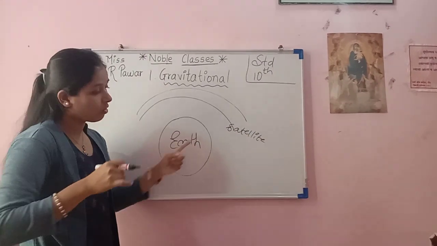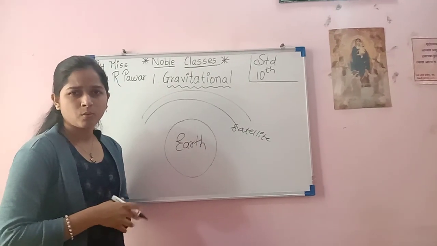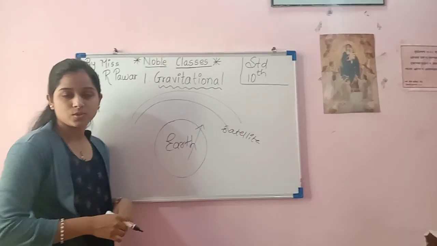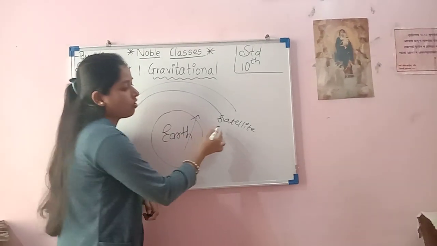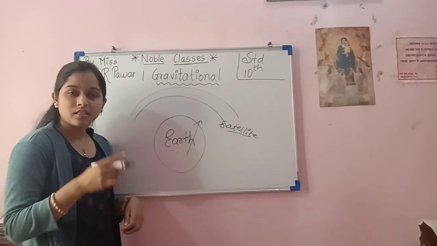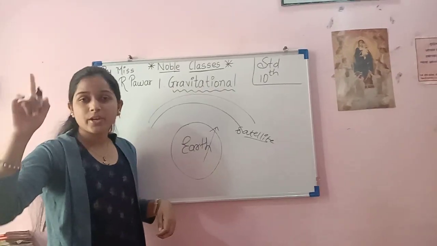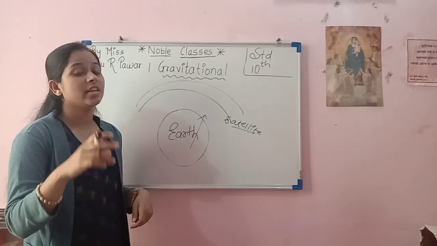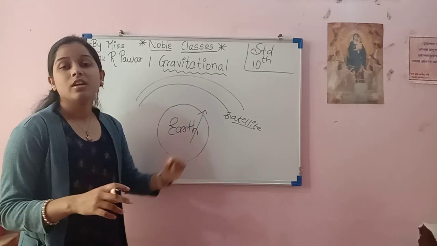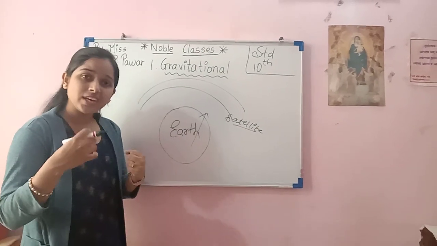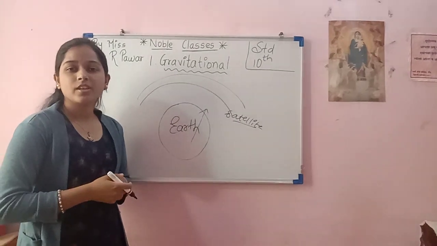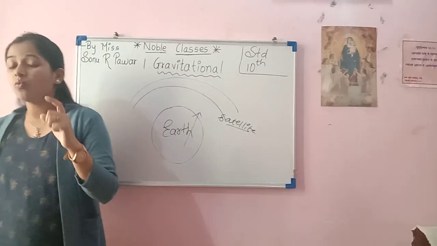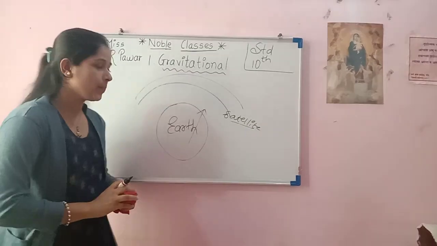If I want to launch a satellite in outer space, I have to go beyond the Earth's gravitational force. Then only can I launch a satellite. There are many satellites present in the sky. Every country, every nation has established its satellite in space. That means we can easily escape the gravitational force. So gravitational force is the weakest force of all.